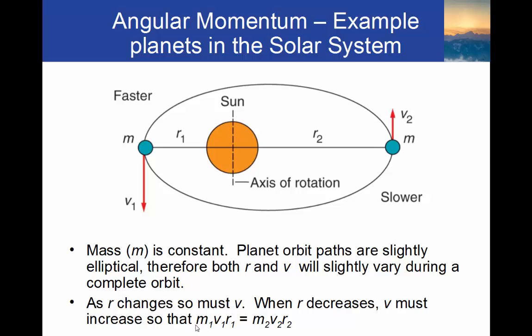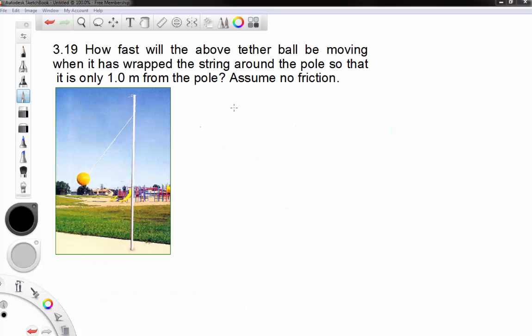The broader way of expressing this is to say that m1 v1 r1 is m2 v2 r2. So for a single object, the mass times the speed times the distance should be equal to the mass times the speed times the distance at some other point in the object's motion. Basically, the initial angular momentum and the final angular momentum are equal.